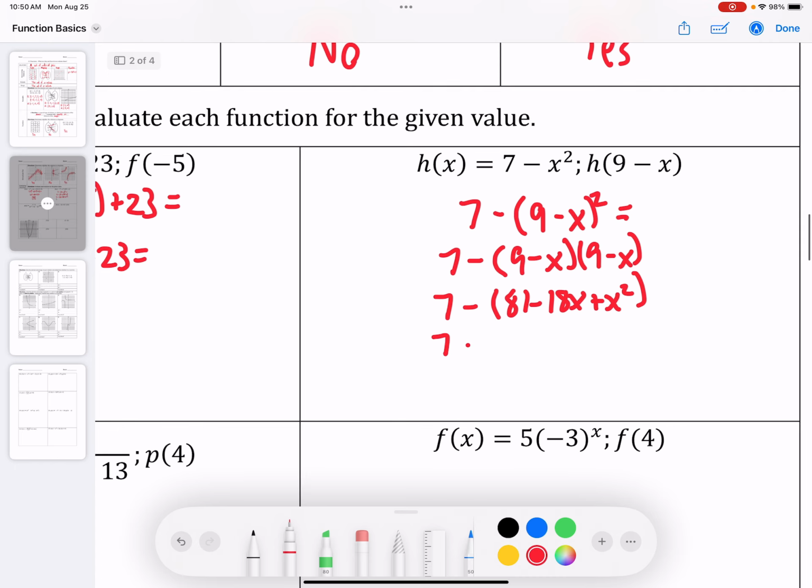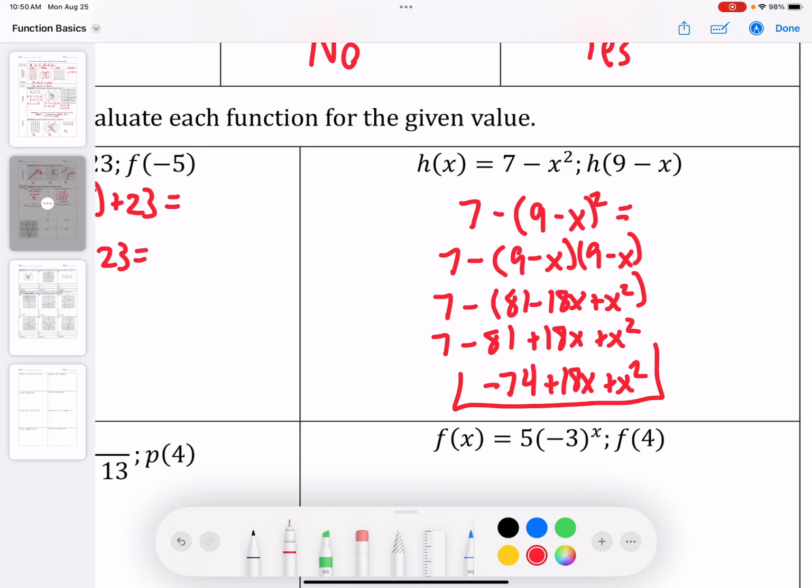So we're going to distribute the negative, so we get minus 81 plus 18x plus x squared. And then we combine our like terms, which are 7 minus 81, which is going to give me -74 plus 18x plus x squared. And that is going to be our answer for that one. So it's not a nice number or anything. It's just, it is what it is.